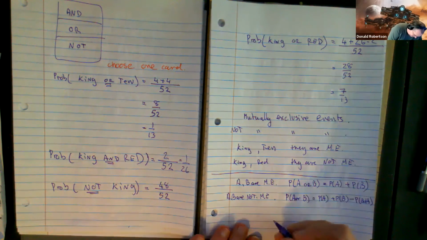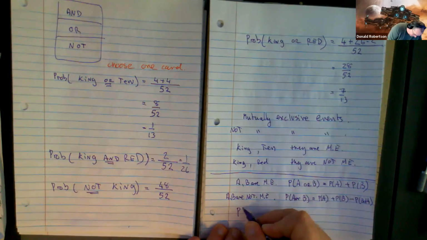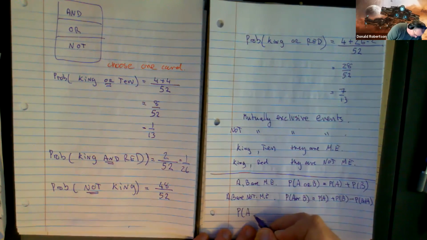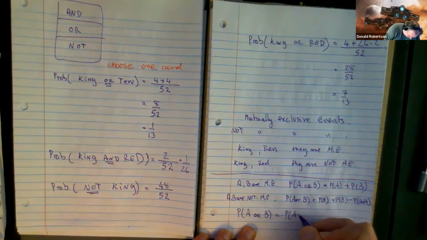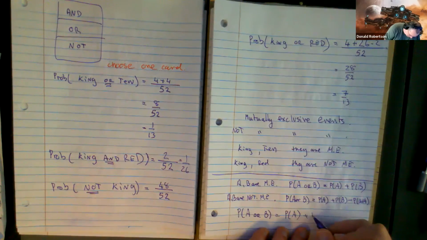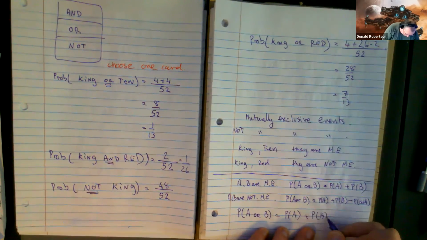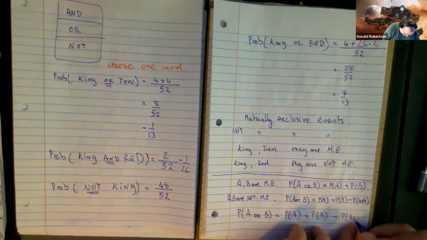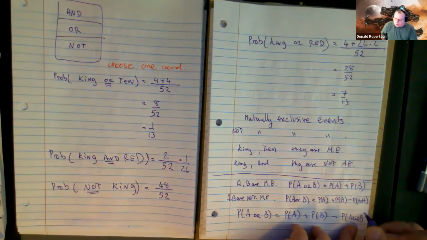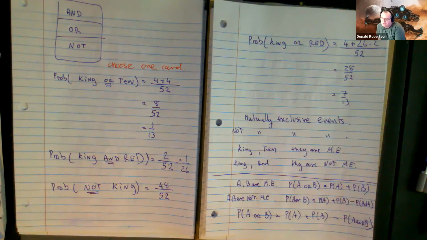A little bit more formally, the probability of A or B is the probability of A plus the probability of B, minus the probability of A and B, which is the probability of both. If I say to you, what's the probability that it's a king and a red, don't I mean both?